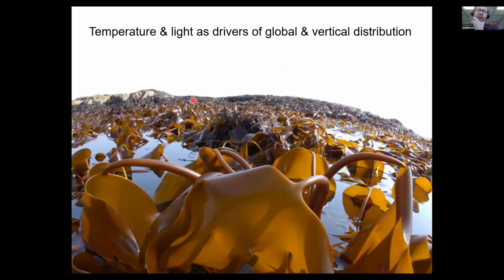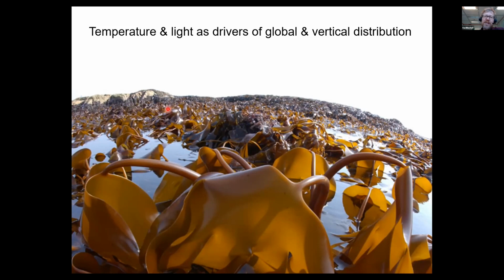I like this picture a lot because this is not from an Arctic coastline, it's from an Irish coastline, but it illustrates how coastal systems could be dominated by this type of vegetation. And you could immediately imagine that there's a high number of animals associated to this system, which are using this system as a habitat.